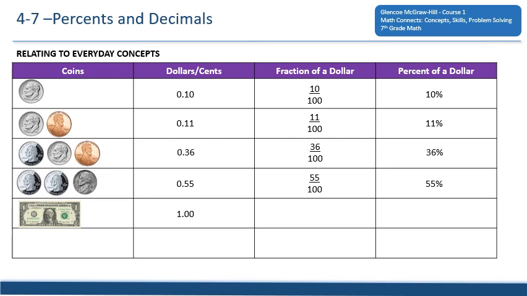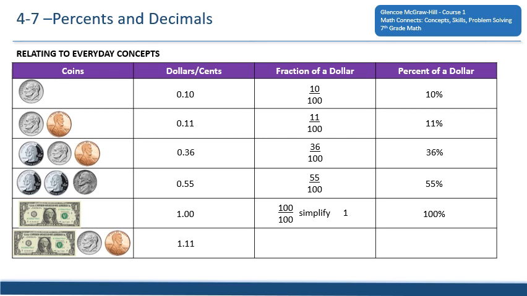We have a dollar. It's written as $1. And the fraction of a dollar is 100 over 100, right? It's 100 cents out of a total possibility of 100 cents. So if we simplify that, it's $1. And it's 100% of a dollar. So now we have more than a dollar. We have $1.11.